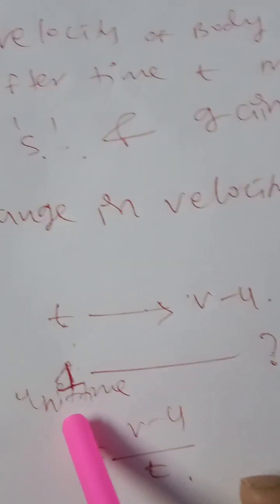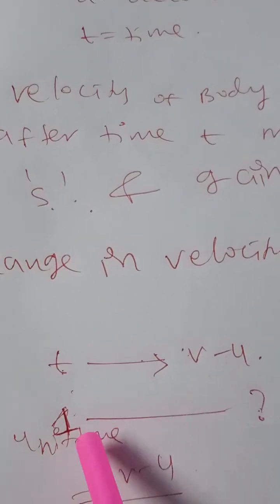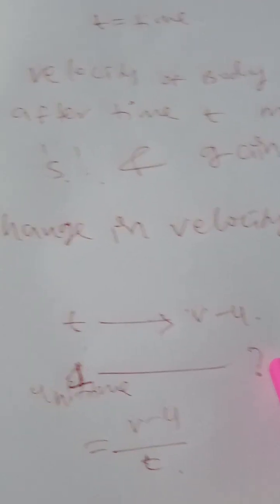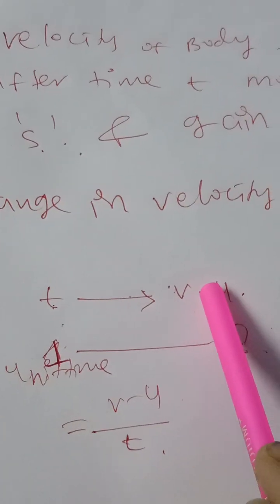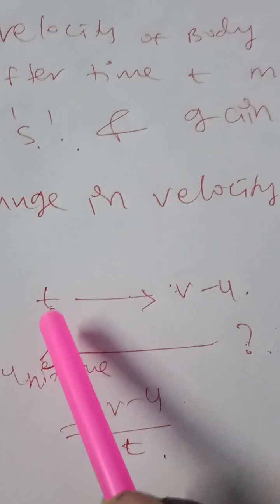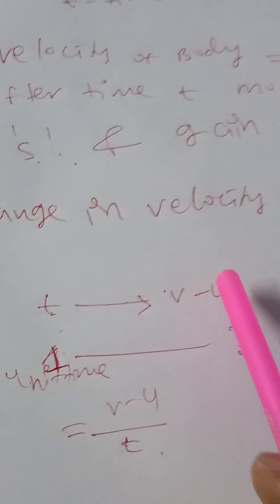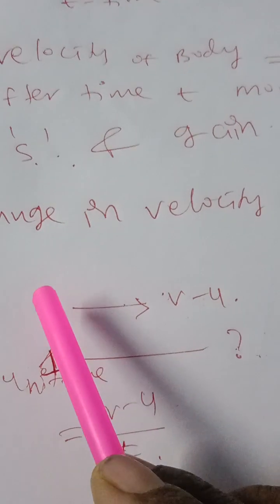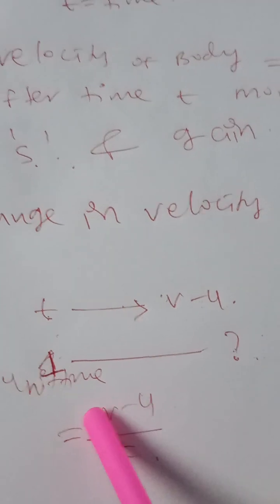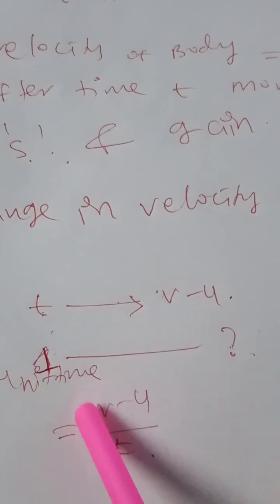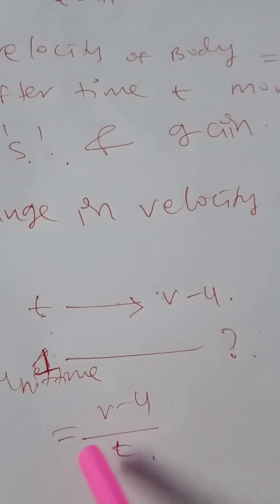For unit time, we have to cross multiply: 1 into v minus u, divided by time t.